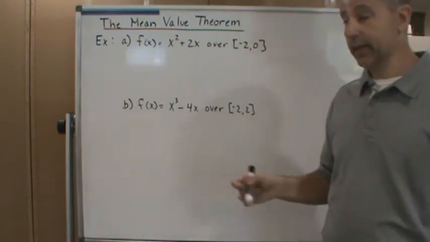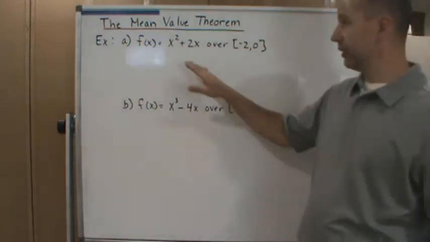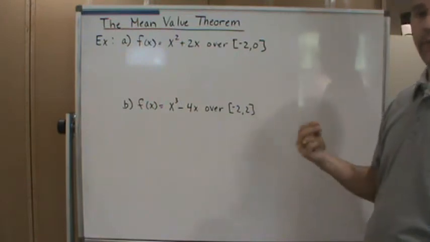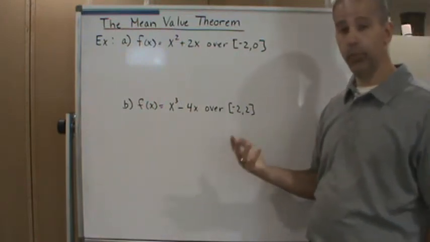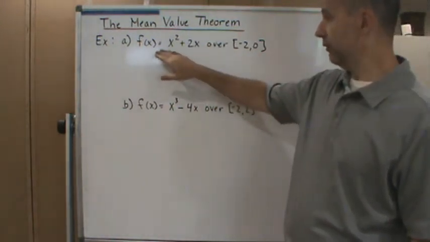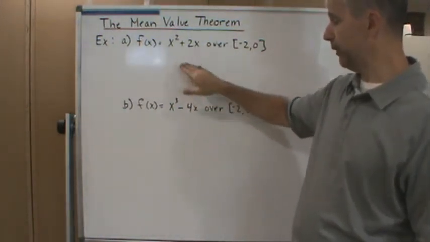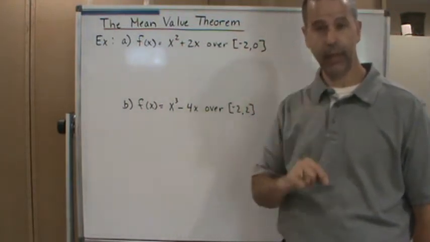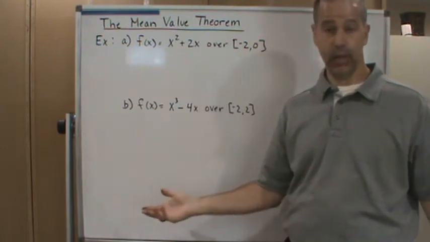To satisfy the criteria, we want to make sure that these functions are continuous over the closed interval and differentiable over the open interval. That's obviously true for both of these because they're both polynomial functions. Remember, polynomial functions are continuous everywhere, and they're also differentiable everywhere.